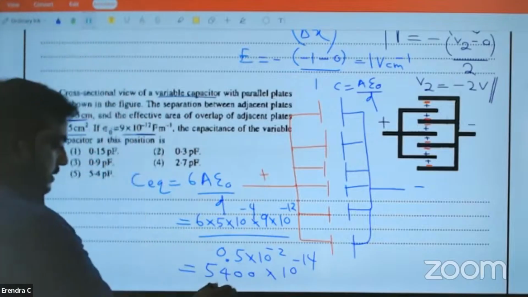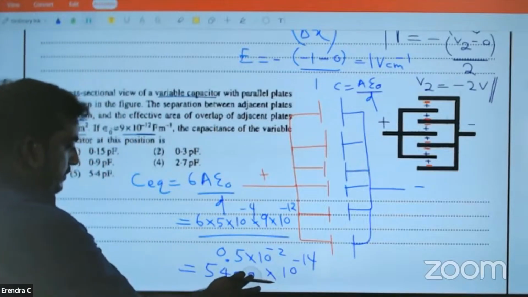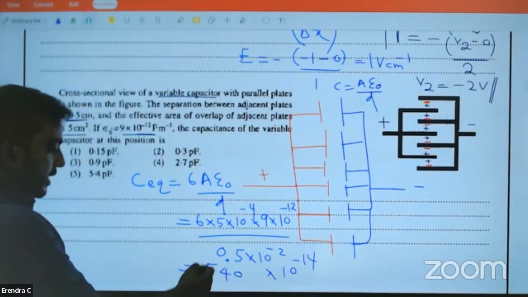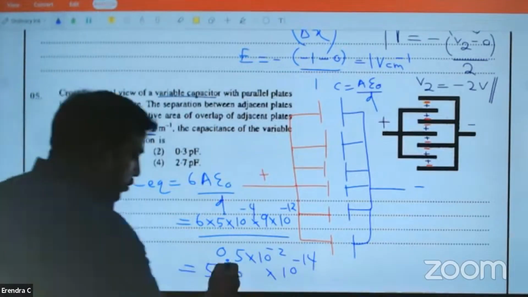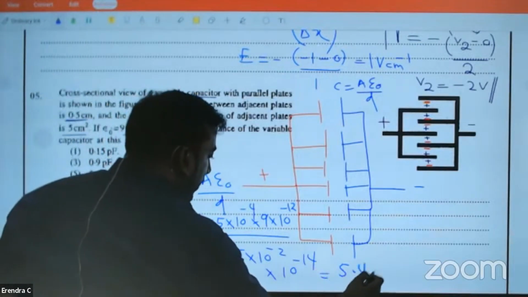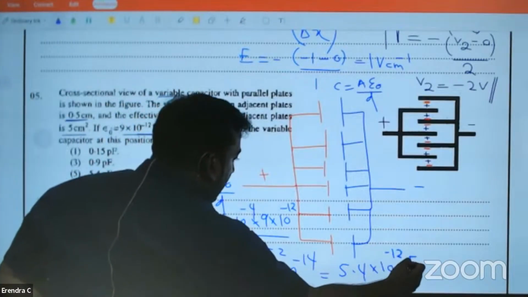Two decimal places you jump, so 5.4 times 10 to the power minus 12 farad.